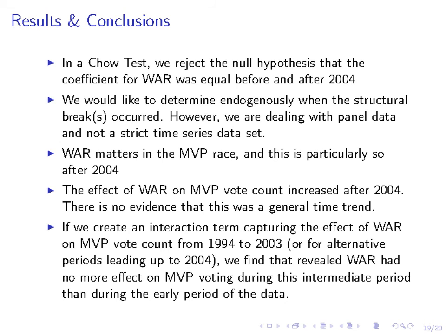We find that WAR matters in the MVP race, and this is particularly so after 2004. The effect of WAR on MVP vote count increased after 2004. There is no evidence that this was a general time trend.